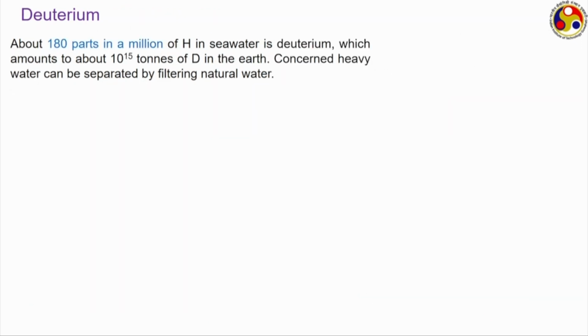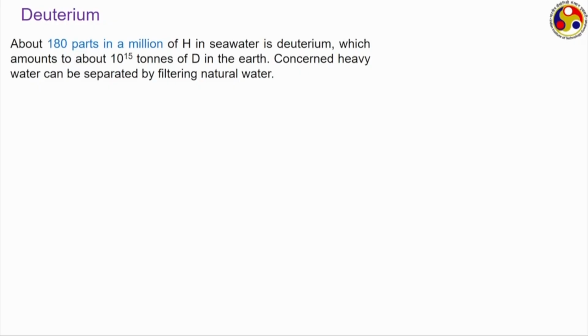Going forward, deuterium, as I have mentioned, is the most common fuel that we use in fusion reactors, and deuterium is naturally available in the ocean, that is in sea water. Generally, for every million parts of the hydrogen part of sea water, about 180 to 190 parts are heavy water, or deuterium.